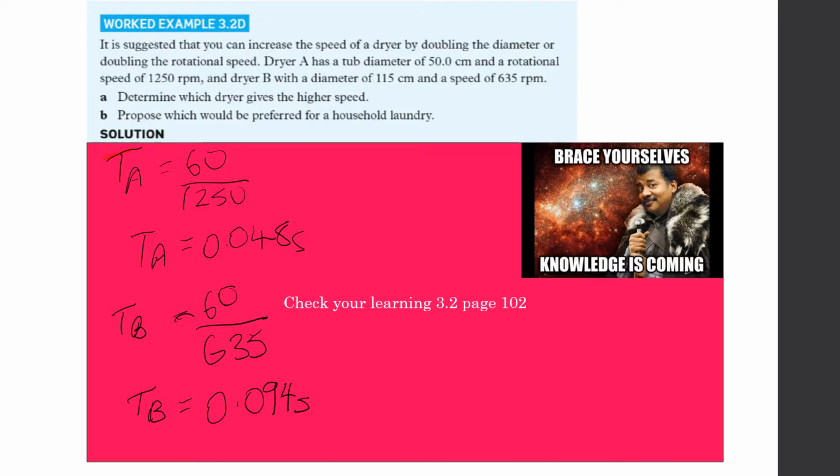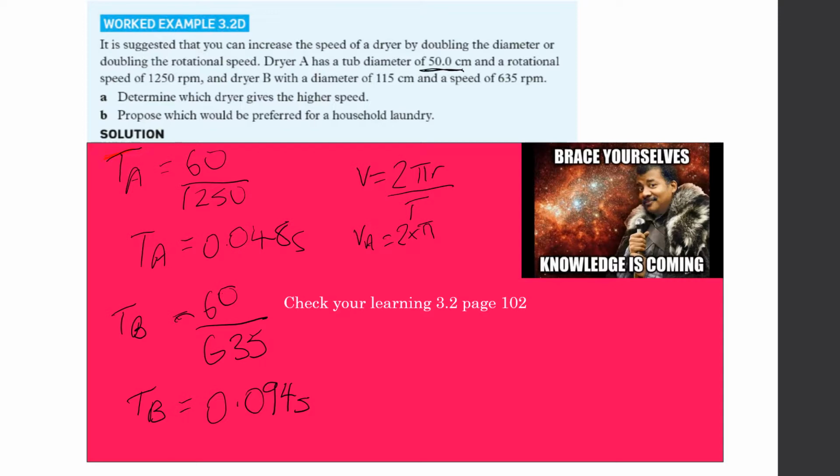So if we remember that, it's v equals 2 pi r over t. So for A, that's equal to 2 times pi, and for A, the diameter we're given is 50 centimeters, but we need a radius.